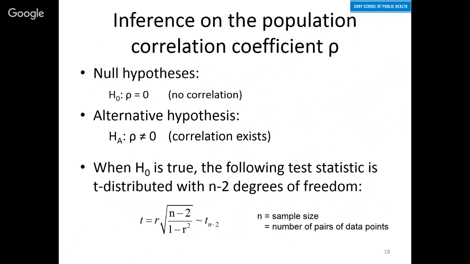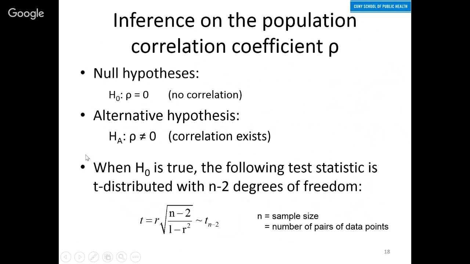We can perform inference on the population correlation coefficient with a null hypothesis that the correlation is equal to 0. There's no linear relationship between these two variables, and an alternative hypothesis that some correlation exists, that rho is non-zero. And these are actually pretty easy to do.